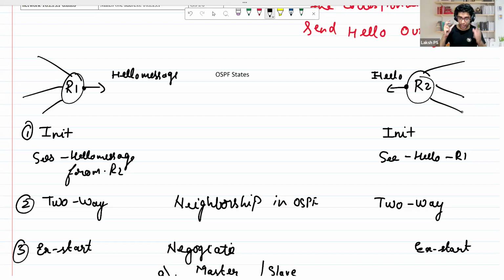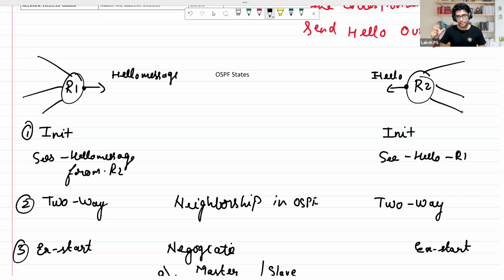Okay. Again, please understand the exchange of the data between R1 and R2. They share the information of the links that they're connected with. It's a unidirectional exchange. If it's a unidirectional exchange, that means one of the devices is going to be the source, the other is going to be the destination.